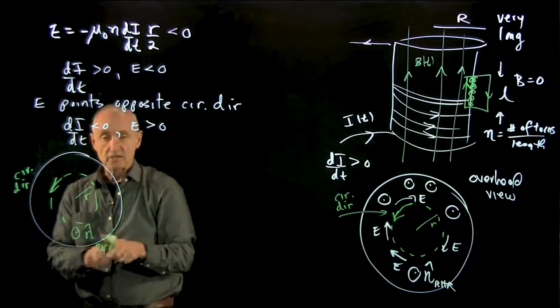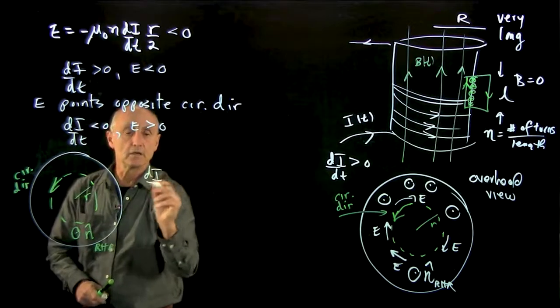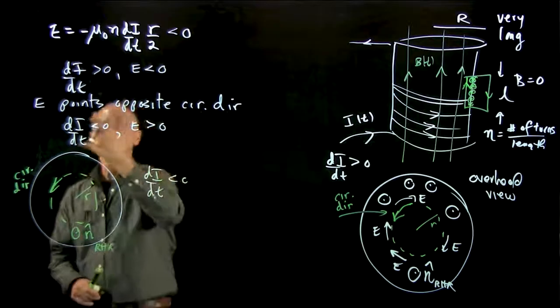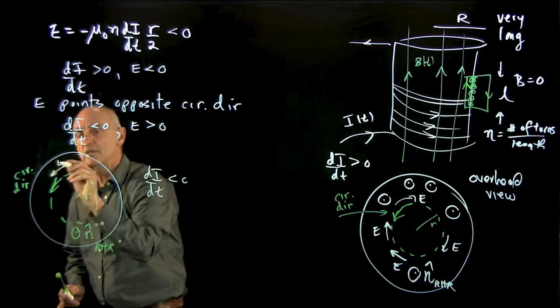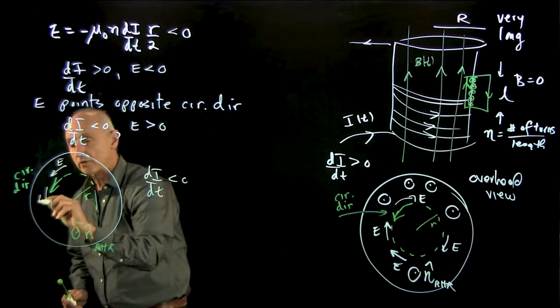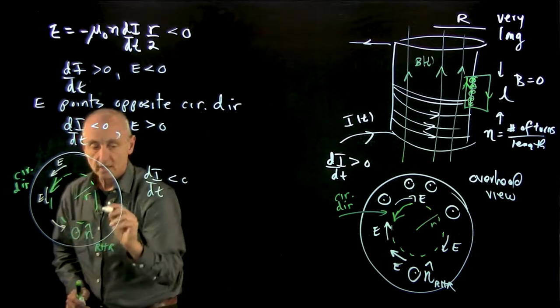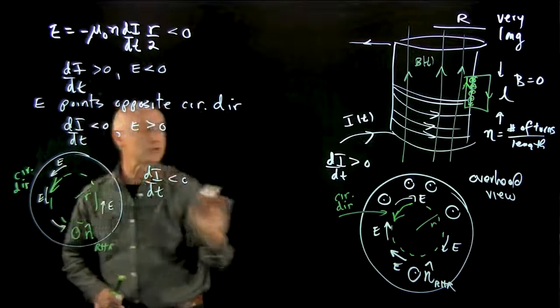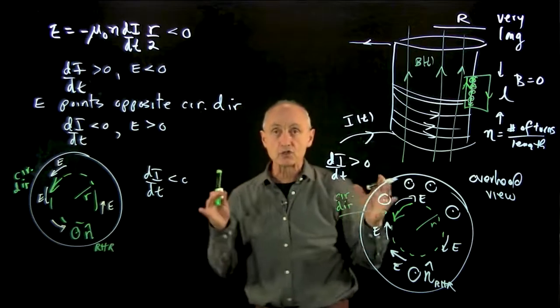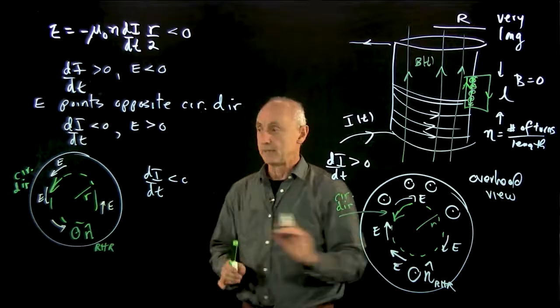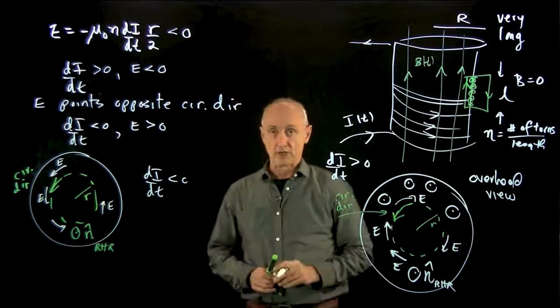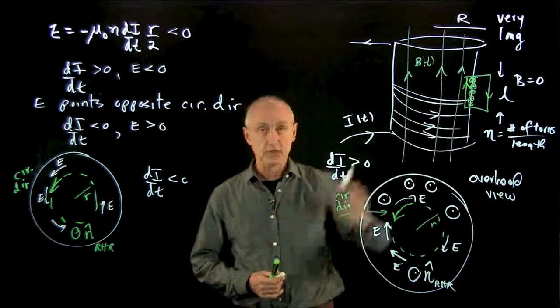Then, in this case, with di dt negative, the electric field is positive, and that means that the induced electric field points like that, in the direction of the circulation direction. And that's how our choice of reference frame for the surface integral and the line integral enable us to determine the direction of E inside the solenoid.